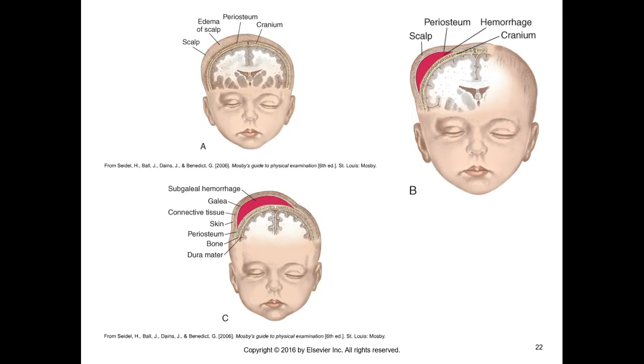So as the nurse, you do serial head circumferences to measure it. Of course, if they're bleeding, the head circumference will continue to increase. You also want to watch for signs and symptoms of hypovolemic shock, because they're losing a lot of blood. Even though they're not actively bleeding, they're essentially internally bleeding in their head.